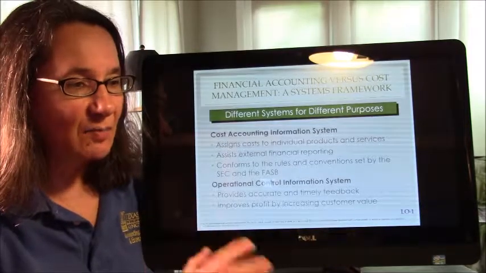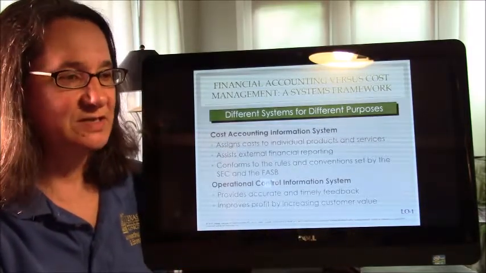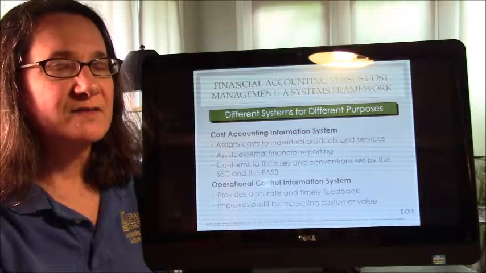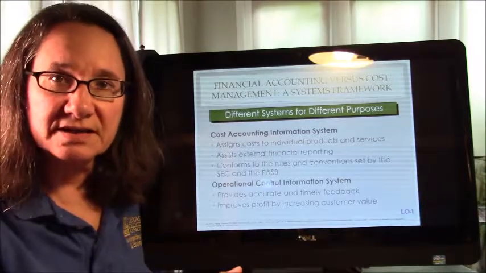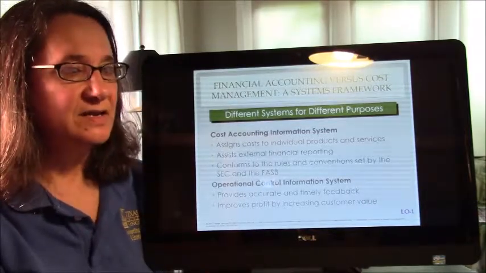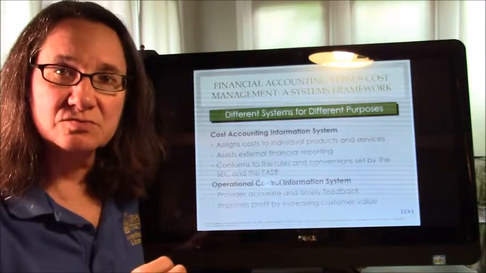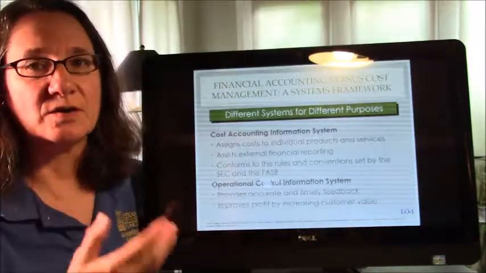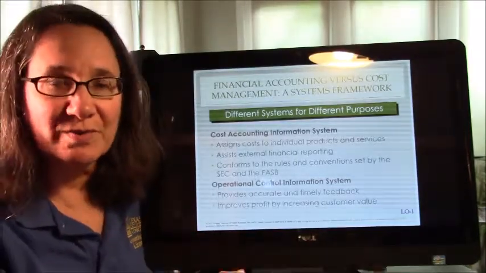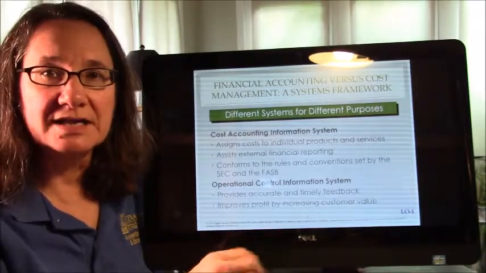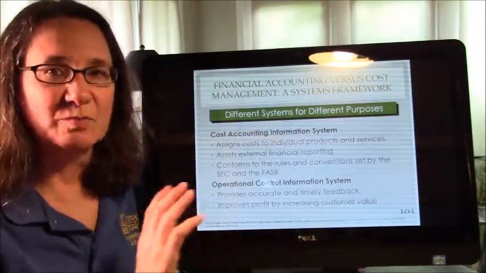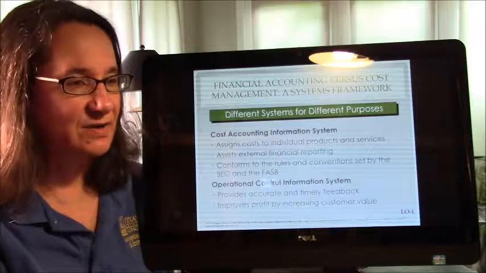And there's also an operational control information system. So if you think about any organization, there are going to be controls in place to ensure we meet our objectives, right? So I've put some controls in place in the class. I've put some deadlines to complete quizzes, homeworks, and things, right?